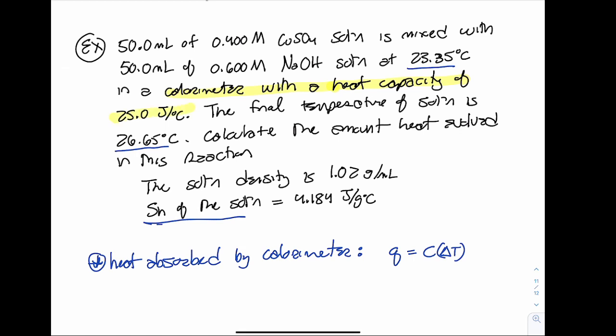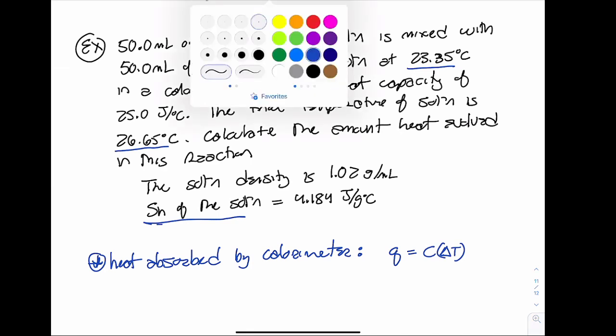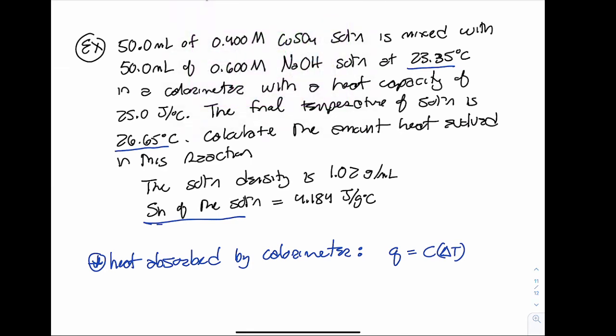Since I'm given a heat capacity, I'm going to use the equation that has heat capacity in it. I do need my temperature change. It's going to be the same temperature change for both of them, so we'll just do that here. So my temperature change is going to be my final temperature, 26.65 degrees Celsius, minus my initial temperature, which was 23.35 degrees Celsius. So 3.3 degrees Celsius is going to be my temperature change.